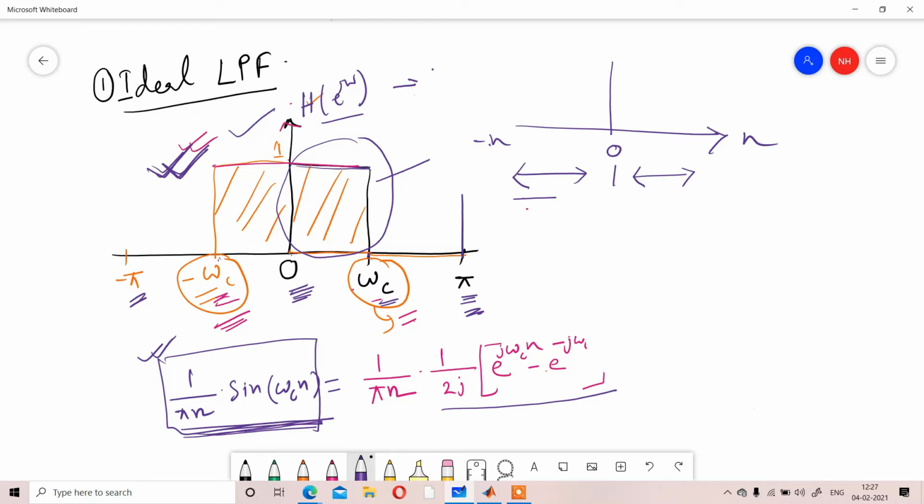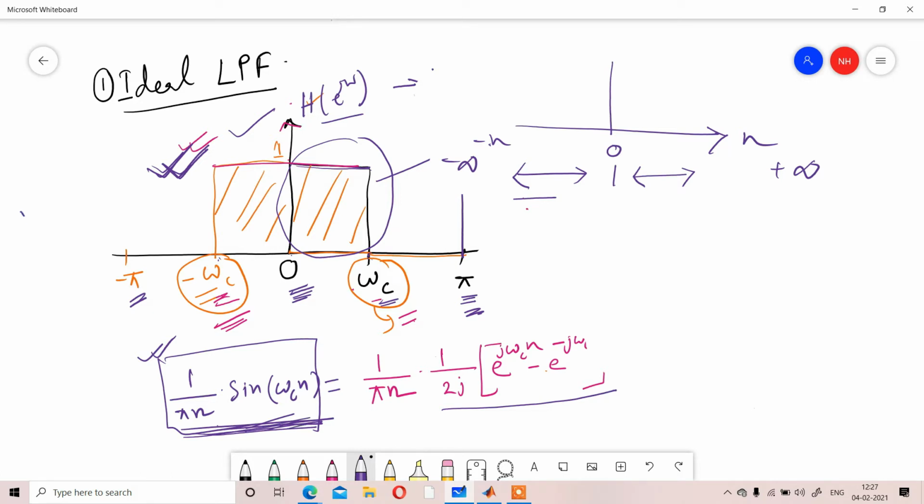Obviously it will be non-causal, because if we consider the value of n from minus infinity to plus infinity, any value you consider, you will get a value. So from the minus infinity range to the plus infinity range, you have a value of sin omega c n. So obviously the system 1 by pi n sin omega c n is a non-causal system.